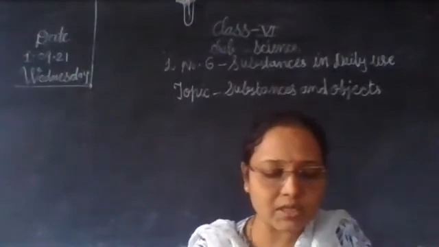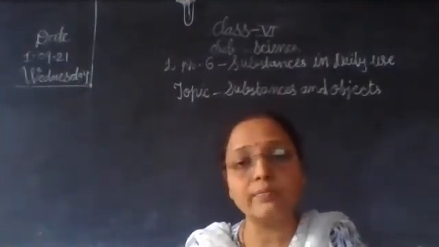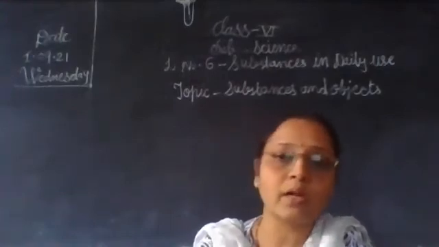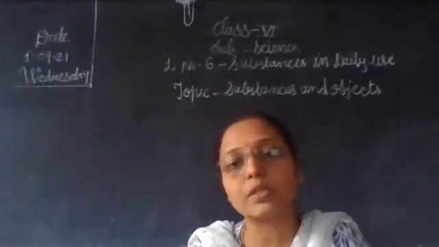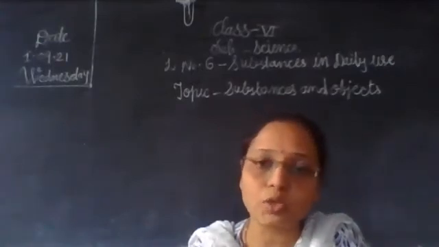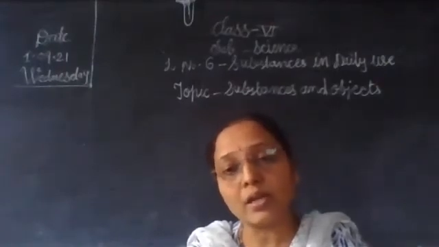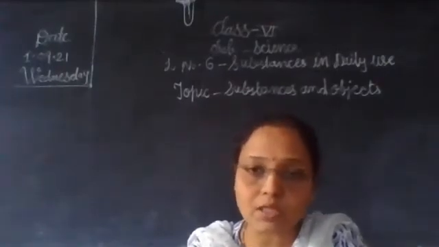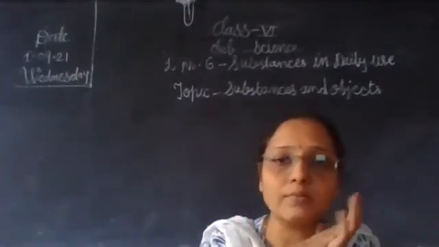Then the substances in everyday use are of two main kinds. One is according to its property, according to its appearance, according to its availability. The substances are categorized into two types: natural substances and man-made substances. Natural substances means the substances which we obtain from nature.